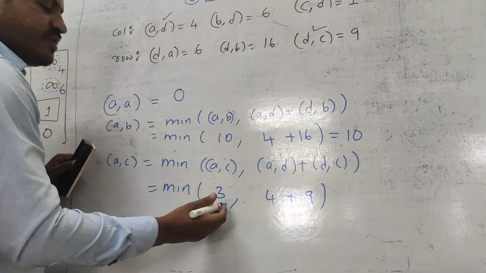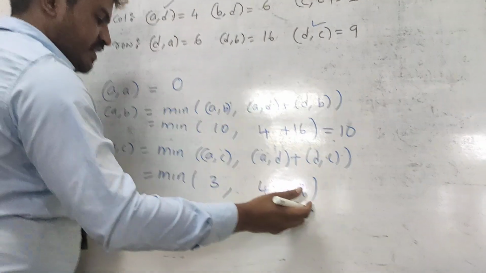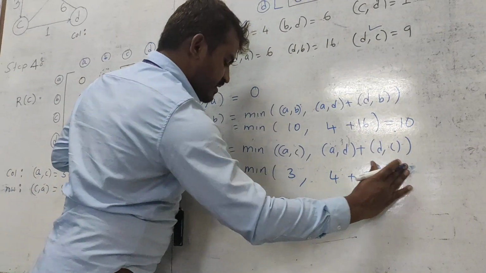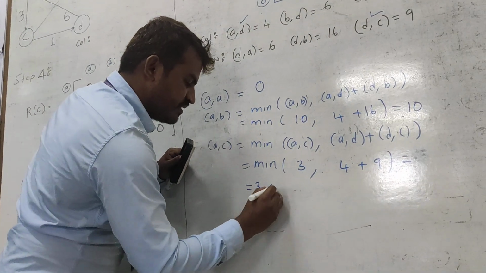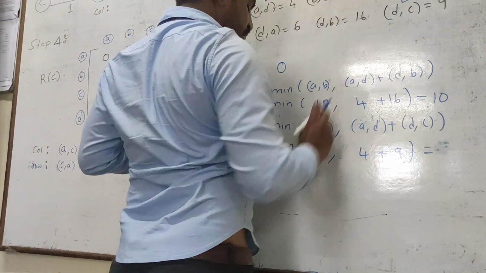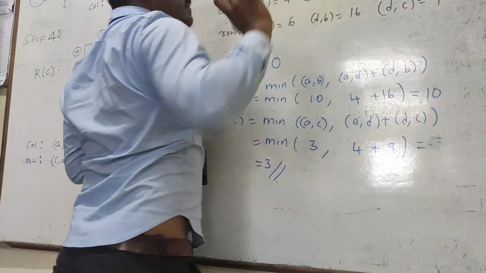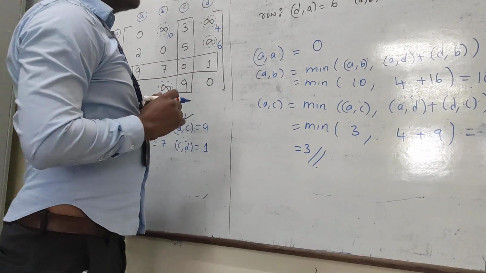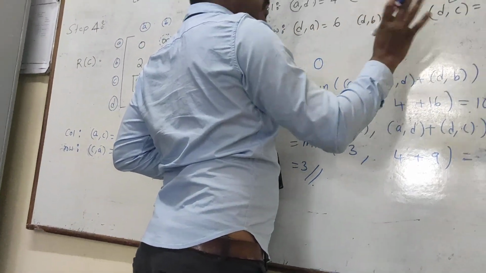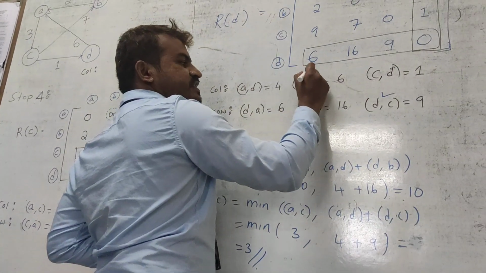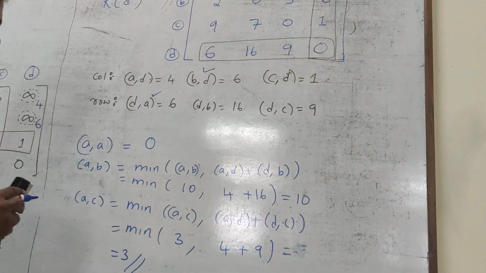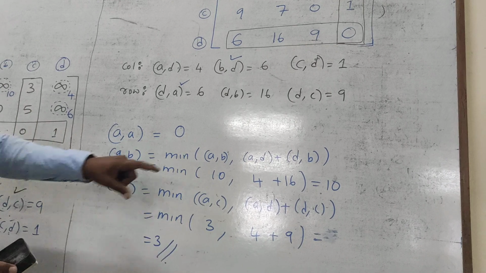When comparing 3 and 13, 3 is the better one. Then A to C is already 3, we don't want to write here. Then next combination. With this, all three combinations are over. Now go for this one with all three combinations.